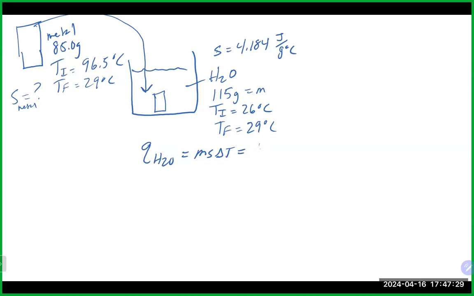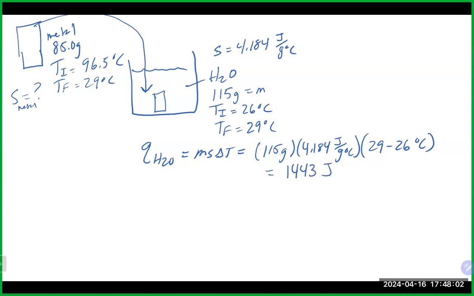If I put it in here with my made up numbers, 115 grams, 4.184 joules per gram per degree Celsius, final temperature minus initial temperature in this case, and calculator, there it is. Do a little 29 minus 26. I'm going to pretend there's some zeros on that to give it a little bit more significant figures. Times. All right, so we'll end up with about 1,443 joules of energy, as the grams will cancel, degrees Celsius will cancel, we'll be left with joules of energy.